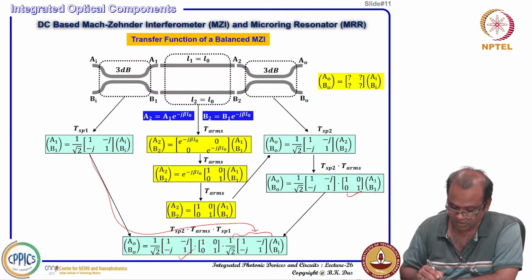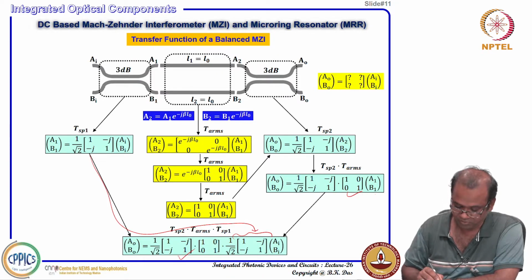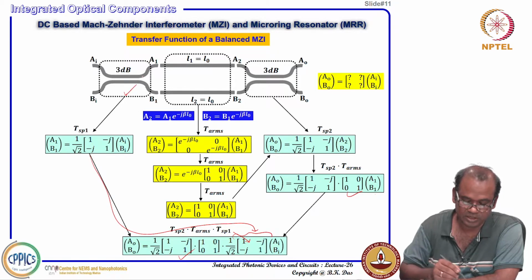Okay. So, I now have 3 matrices. This matrix corresponds to TSP1, then the middle one is the arm matrix, and then this one is the final one.